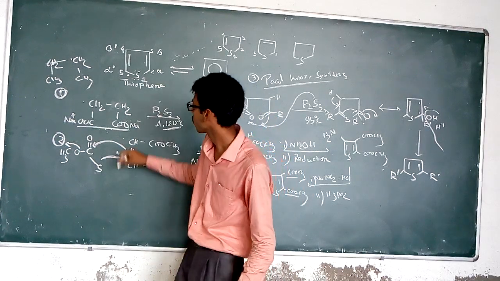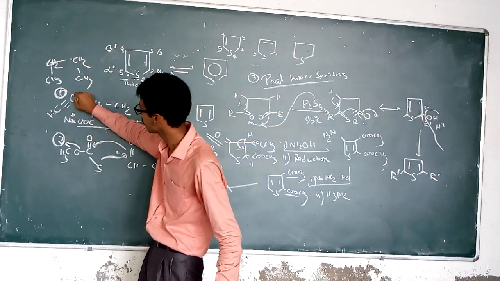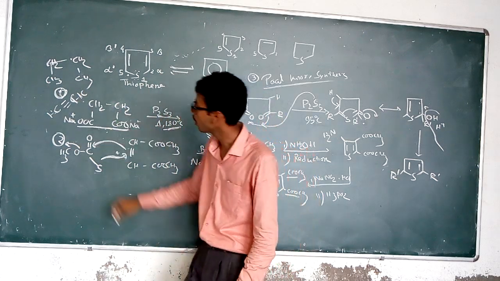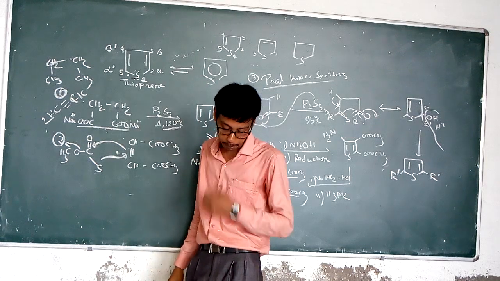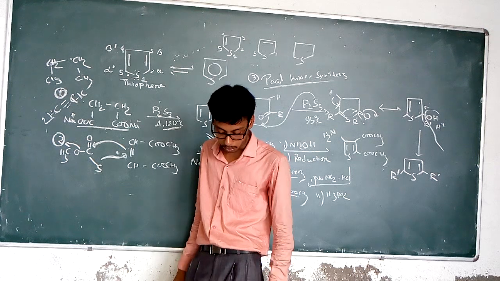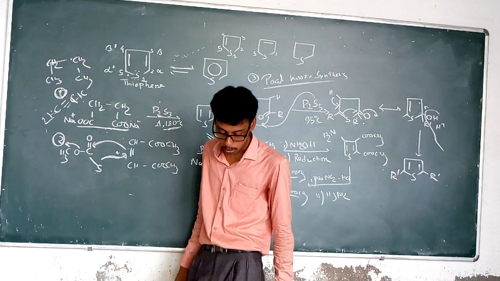Or we can pass acetylene, HC triple bond CH, that is the acetylene structure, and 2 molecules of acetylene are passed with hydrogen sulfide in the presence of alumina to form thiophene.